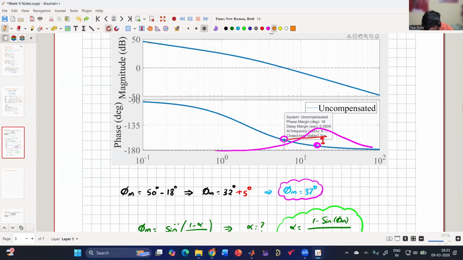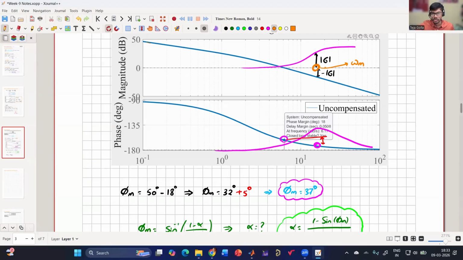So I should look at the magnitude plot. My magnitude plot will be somewhere like this, right? So at this phi m, whatever is my mod G, this should have minus mod G, right? Then the summation will become 0 and we can call it the gain crossover frequency. So I have to find that frequency where my uncompensated plant Bode plot gives a magnitude of minus mod G, and this will become my omega m.